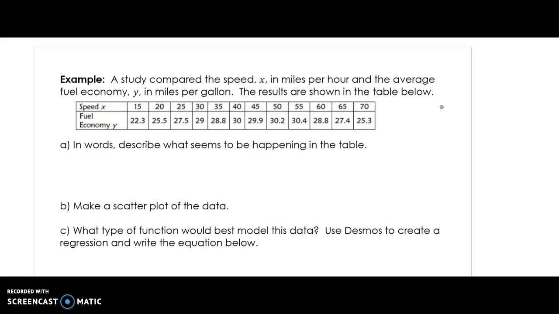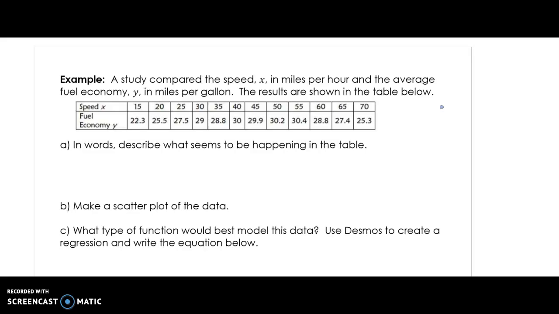Again, our goal, and what this problem is saying, is that the speed of our car and the fuel economy of our car are two completely different variables that we believe have a relationship to each other. We want to try and determine what that relationship is, or at least estimate a good model for that relationship. And so let's start with letter A.